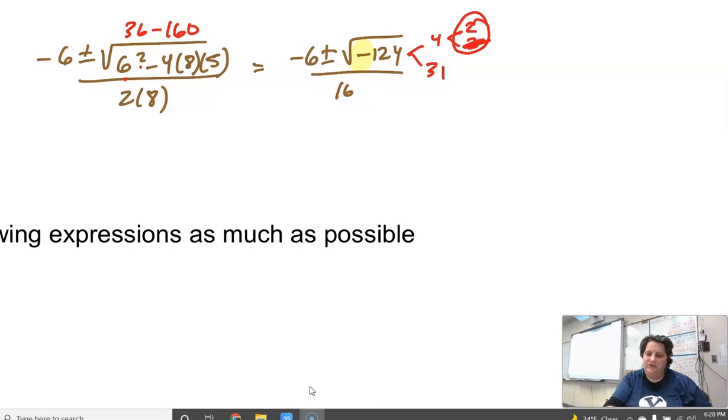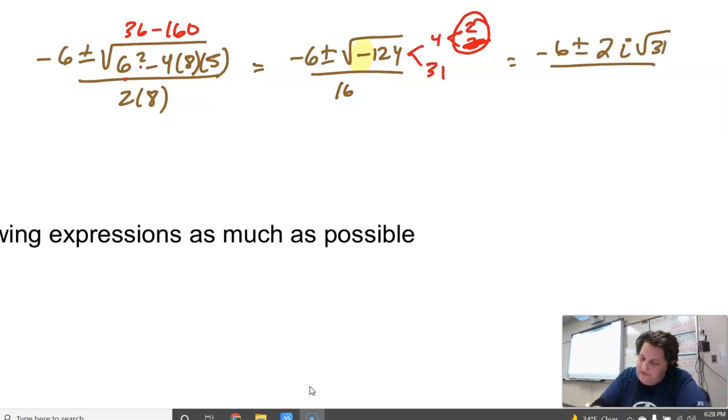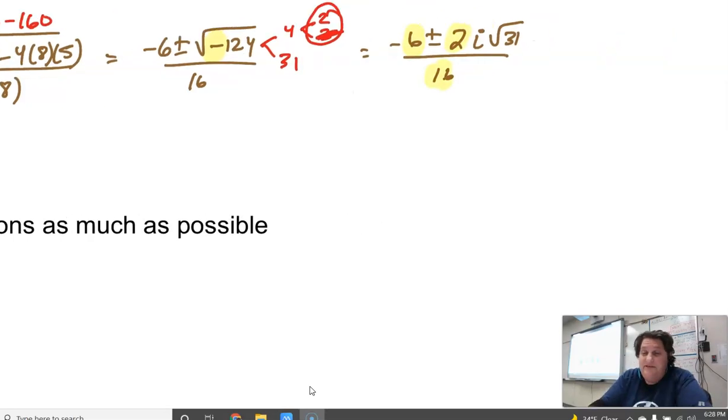Okay? So look, here's how I'm going to write this. Negative 6 plus or minus. The 2 escapes. The negative tells me i, and the i comes to the outside. But then the 31 is left in jail. Now, when I look at those numbers and see what do they all reduce by, well, these all reduce by 2: 3, 1, and 8.